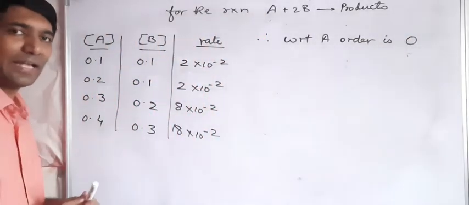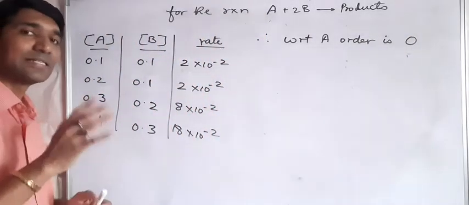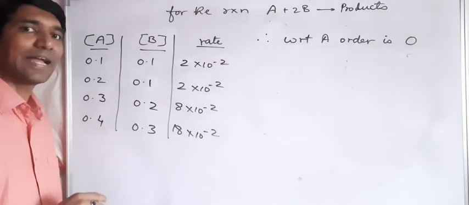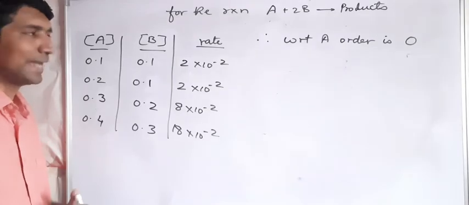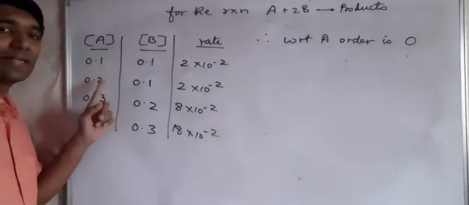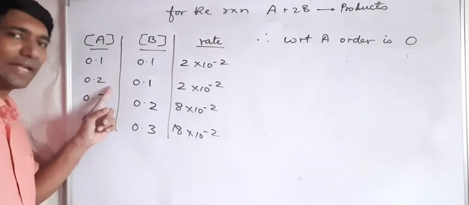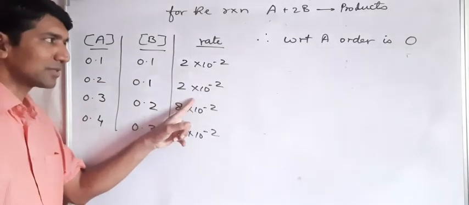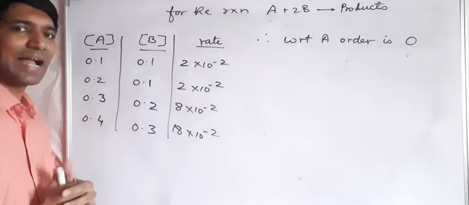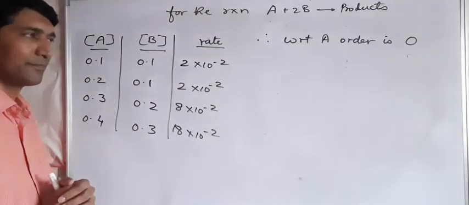Because in zero order reactions, the rate of reaction is independent of the initial concentration of the reactant. So, if by doubling the value of A, we are not getting a change in the rate of the reaction, that means A is having a 0 order.